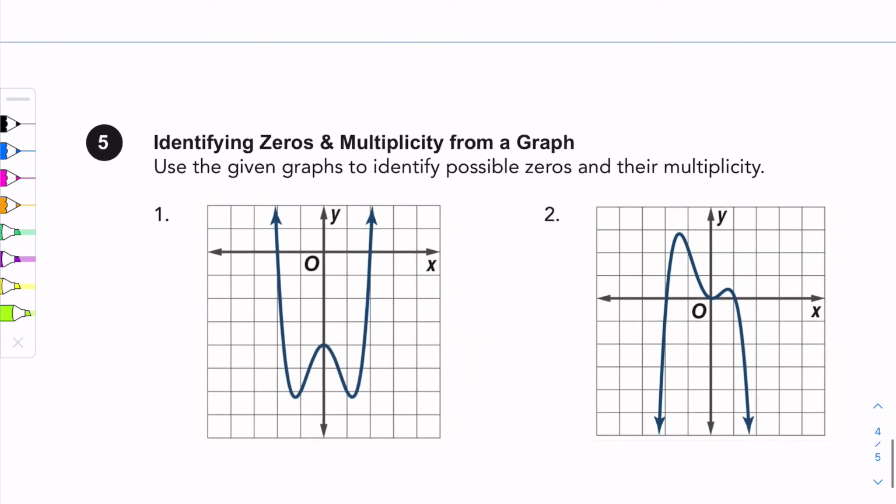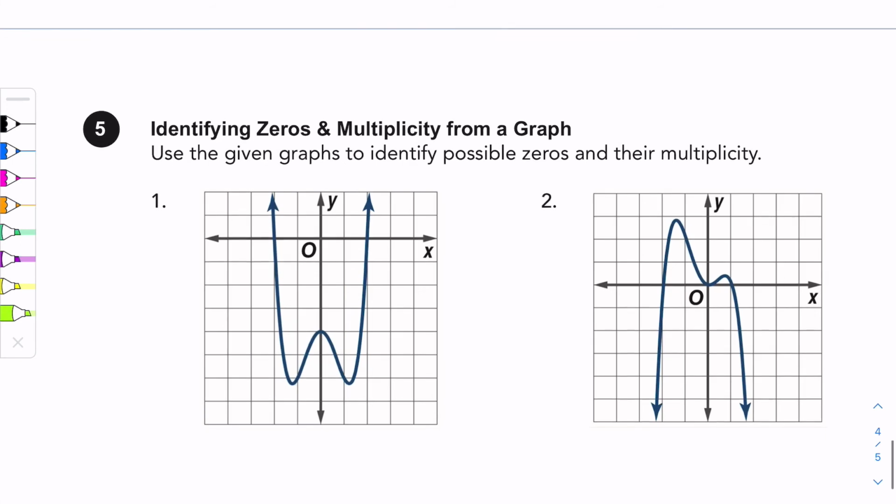Okay, for the last example set, we need to use zeros and multiplicity and identify what's going on from the graph. So number 1, we have this curve here. The zeros are going to occur where the graph crosses the x-axis. So I'm just going to mark my 2 zeros.